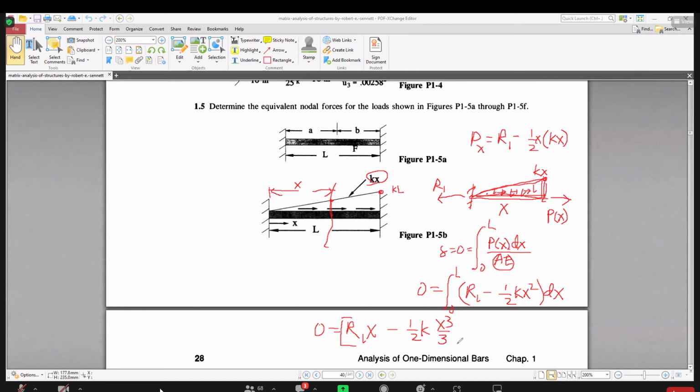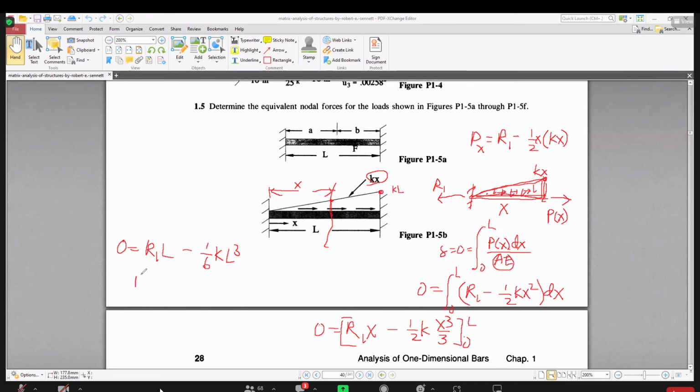This is now from 0 to L. So let's continue here. Setting it equal to 0: R1 L minus 1/6 k L cubed. Are you still with me? From 0 to L.